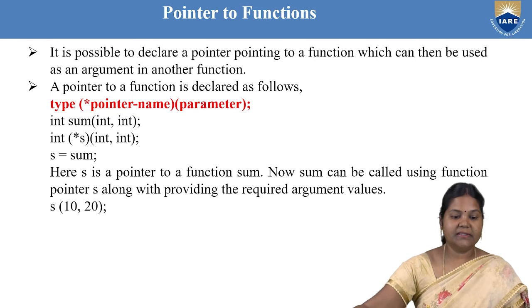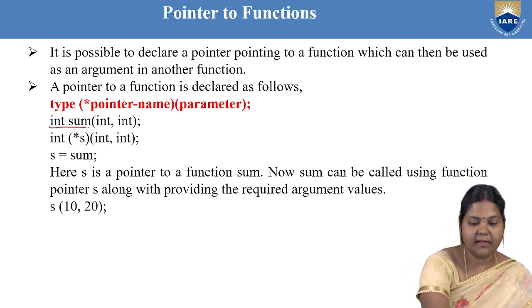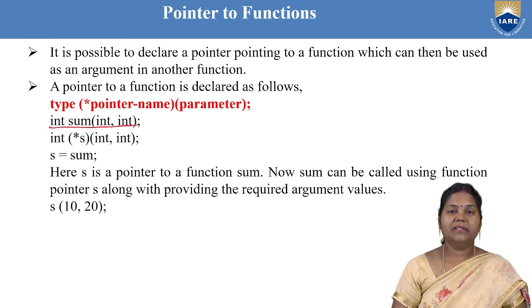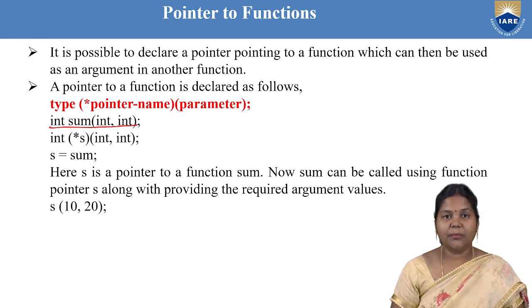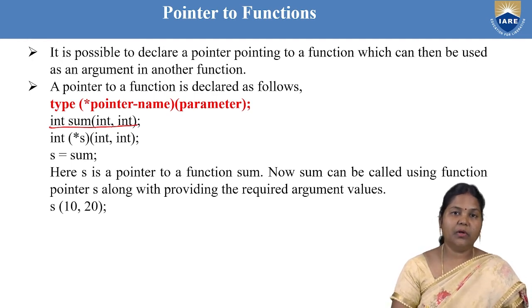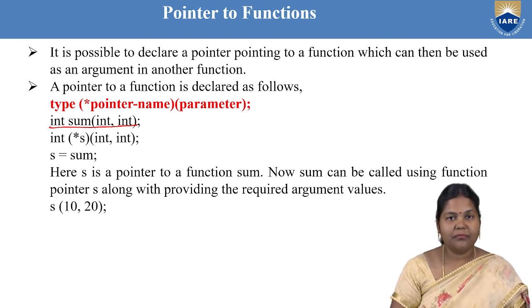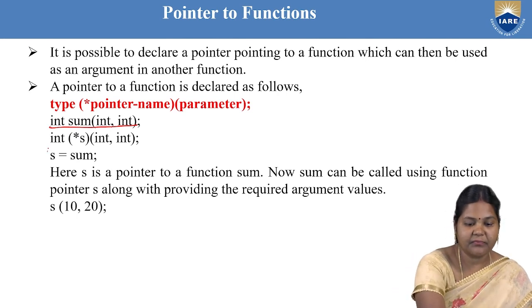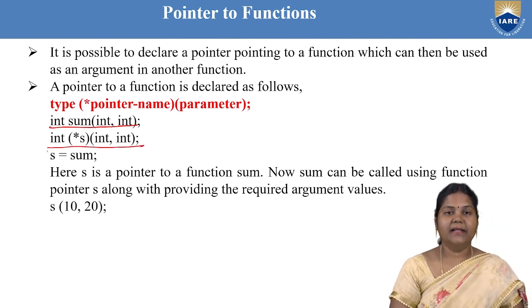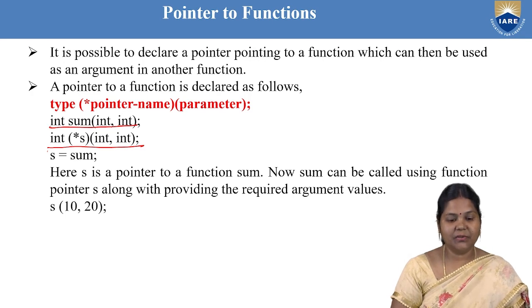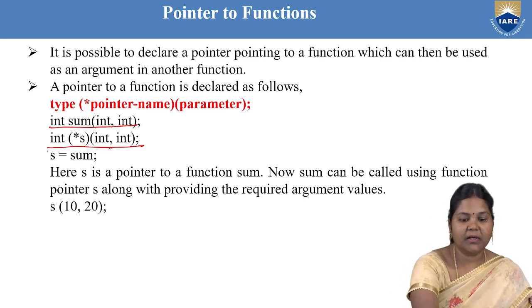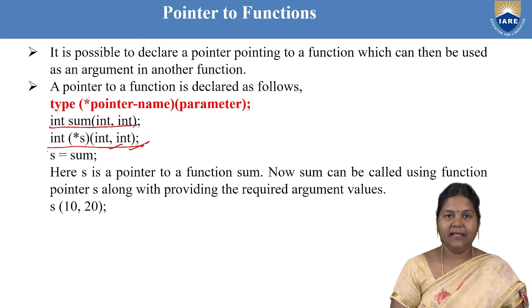For example, you can see here sum is a function. What type of function is it? It takes two integer arguments and returns an integer. So whenever you want to keep the address of this function in a function pointer and do the operations, you have to declare a function pointer like this: int star s, where s is a function pointer which takes two arguments and returns an integer.